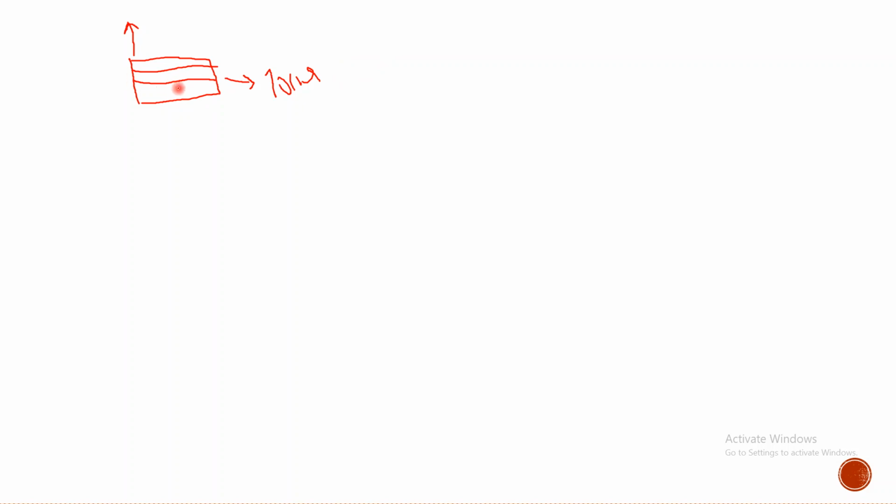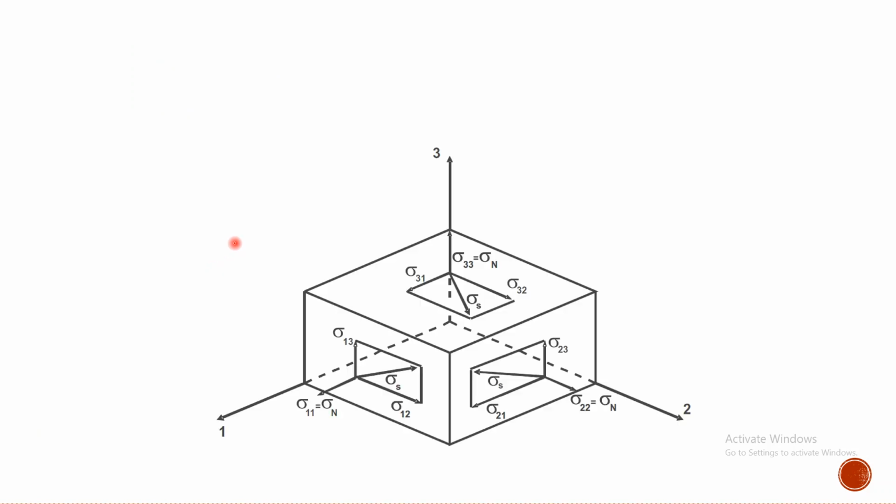So the axis system which is aligned along the fibers, we usually call the local coordinate system. Another one, which you are familiar with, is the global coordinate system.